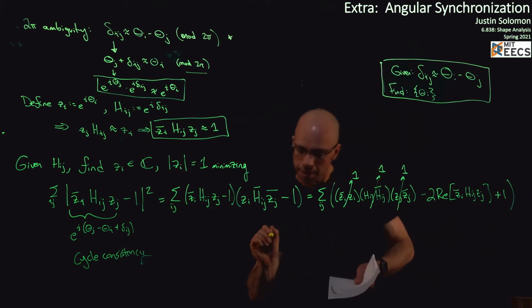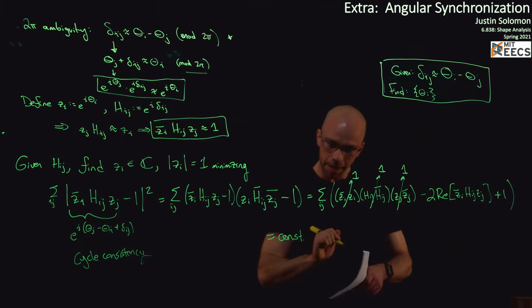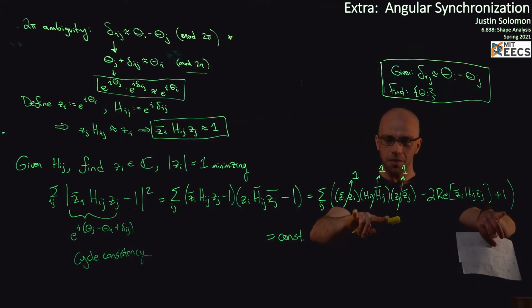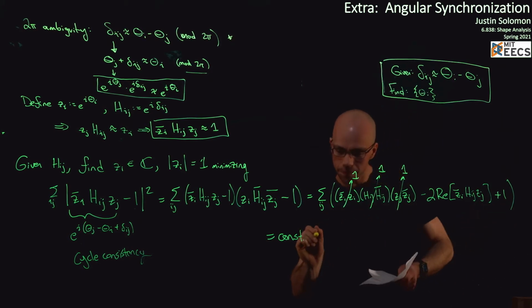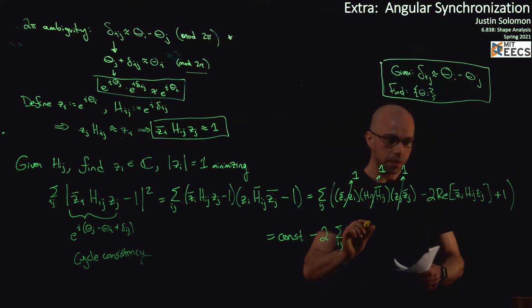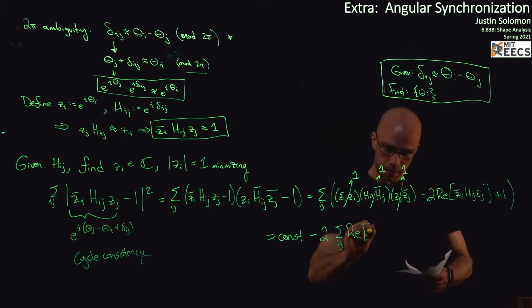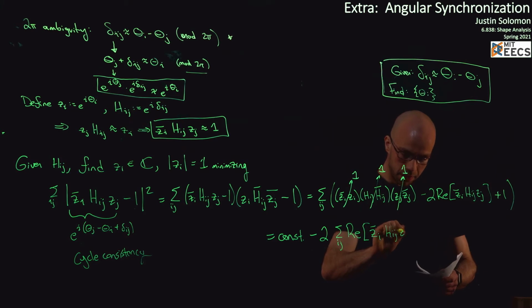So we can write this as a constant, which is going to be like n squared. Really, we get 2 of those because there's a 1 here and a 1 here, but whatever. Minus 2 times the sum over ij of the real part of zi bar hij zj.